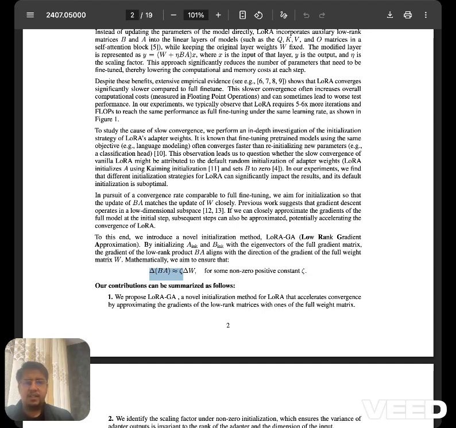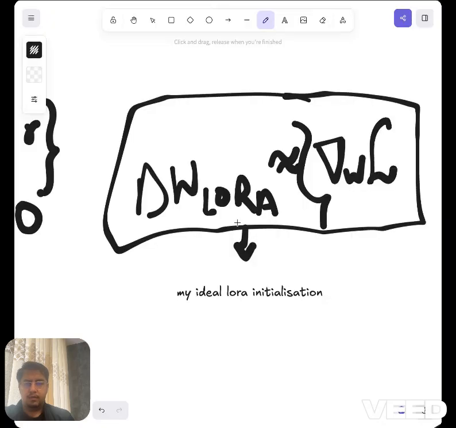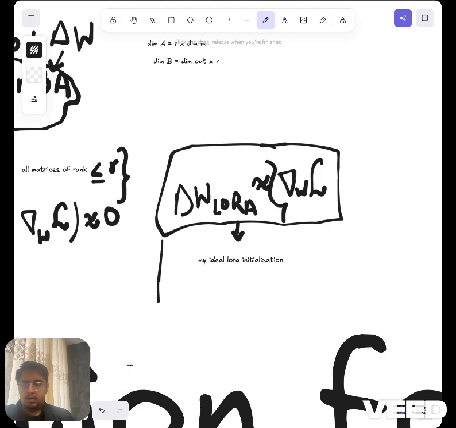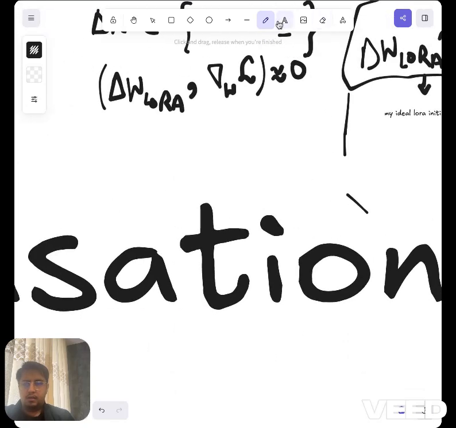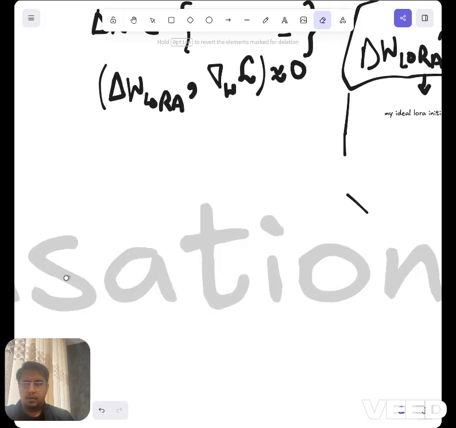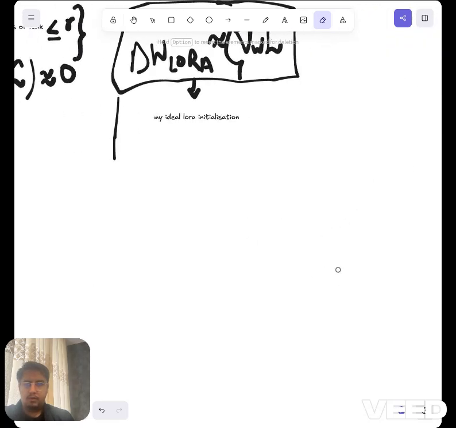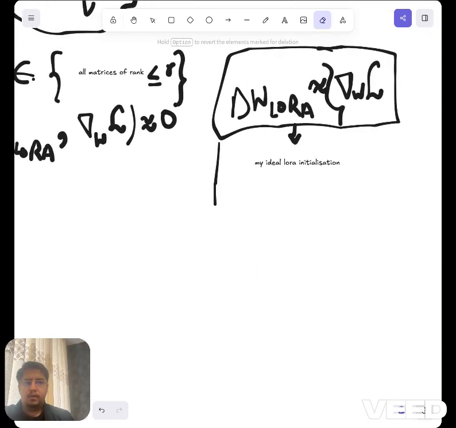And that serves as the entire objective for LoRA here in the gist as well. I think that is one part of things. So now we have the core idea of what we would expect out of our LoRA here.